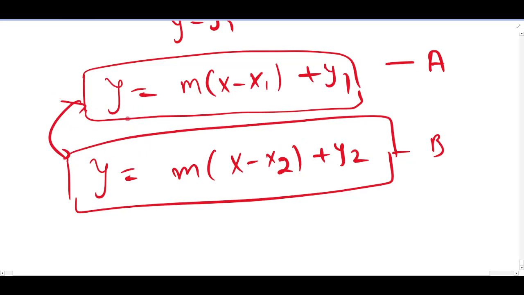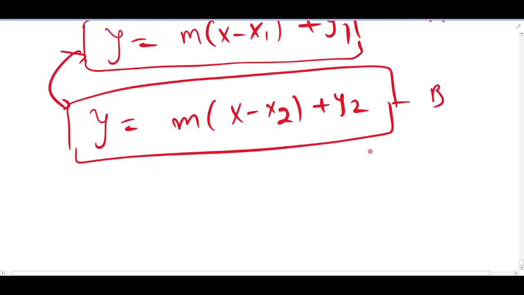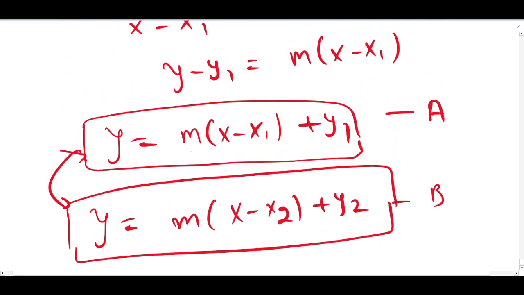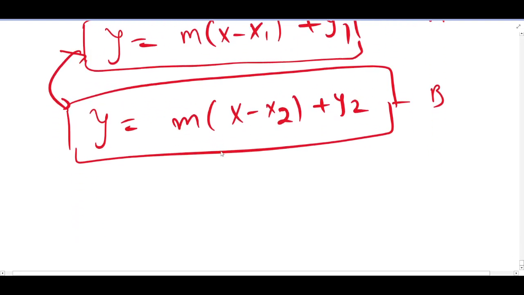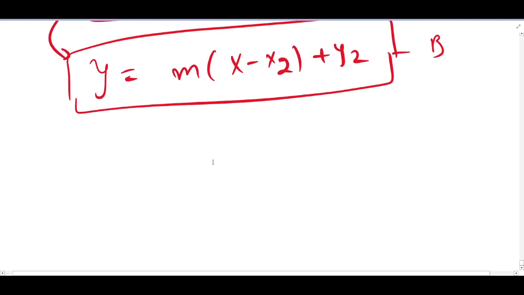We can use any of the equations. So this is the 2-point form, where 2 points are given and we take a third point x comma y, and we find the slope between the 2 points and then find the equation of a line.